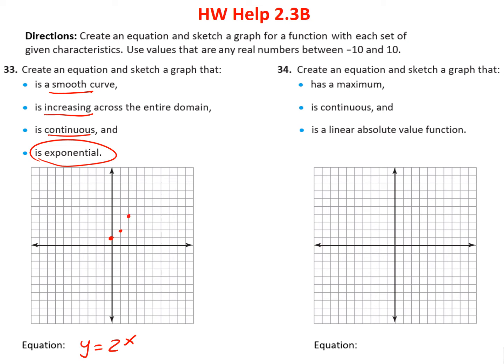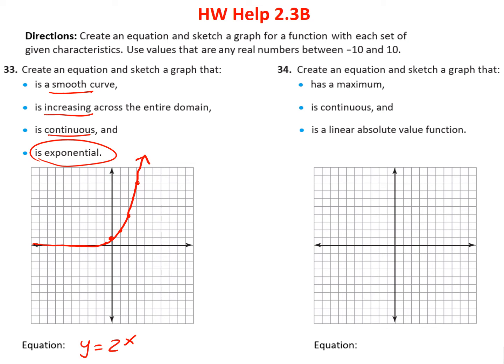And then 2 to the third is going to go up to 8. Likewise, 2 to the negative 1 will be 1/2. And you can see this is our exponential function that looks like that. Again, you do not have to create the equation for us at this point, but you do need to be able to show me an exponential function that's increasing and continuous.